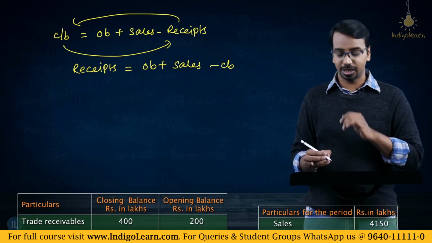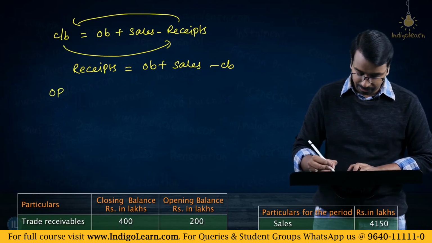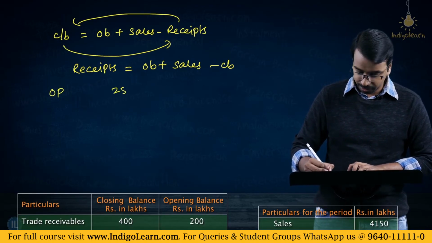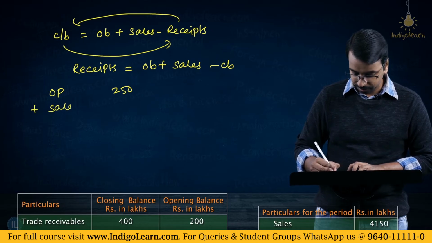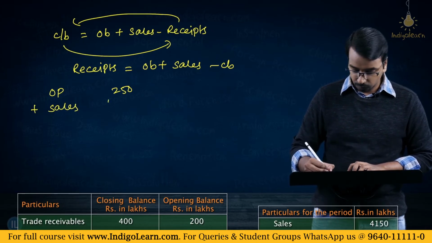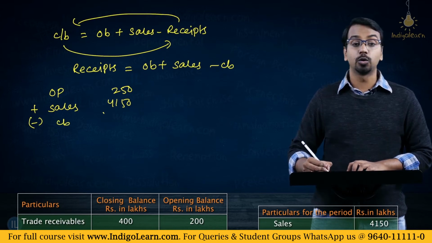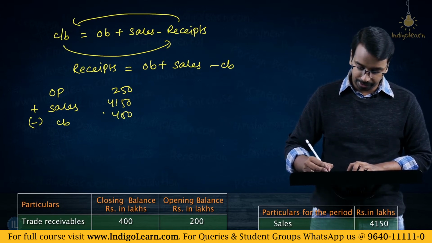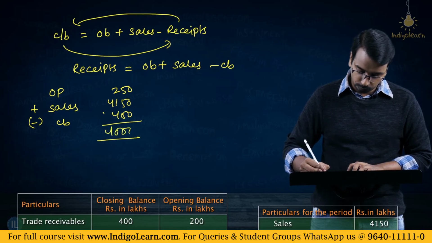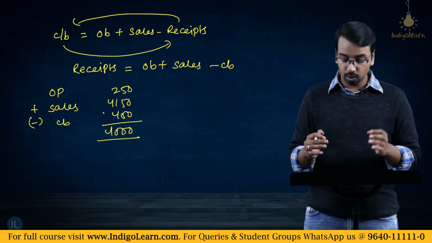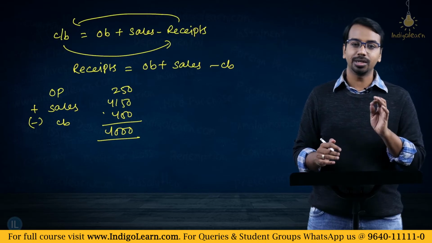So you can put this in a statement format: opening balance is given as 250, add sales 4150, minus closing balance 400. So this comes to 4000. This is also an appropriate way to arrive at the amount collected from the customers.